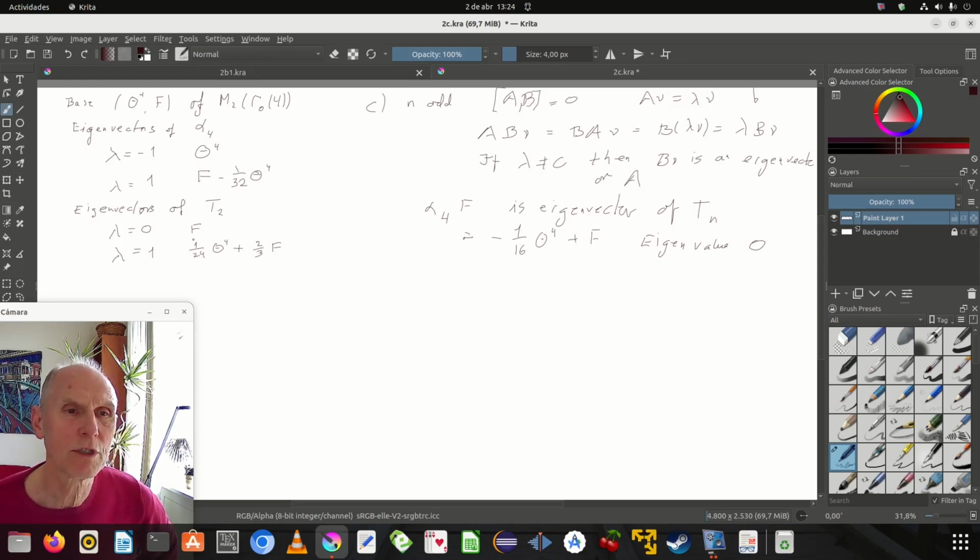That was modulo T2, so we don't know what the eigenvalue is.